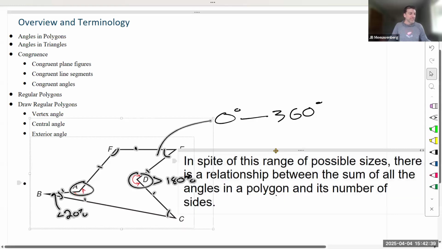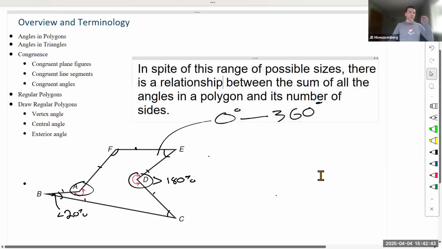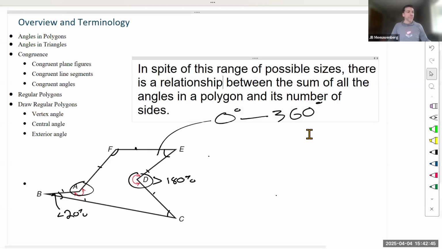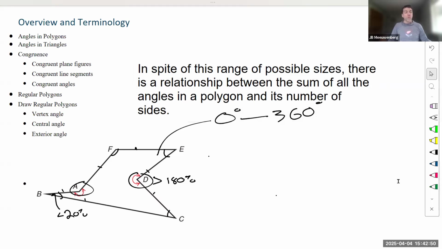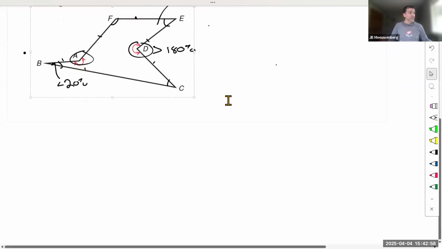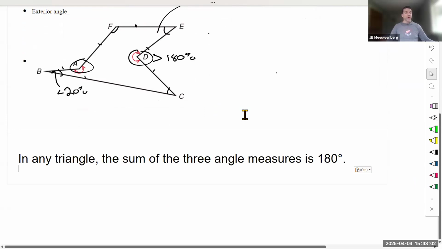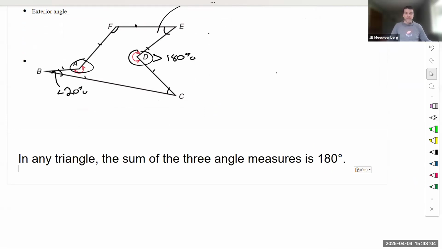There's a relationship between the sum of all the angles in the polygon and its number of sides. Now, the one we may be most familiar with is a triangle. In any triangle, there are 3 angles, and they're always going to add to 180 degrees.